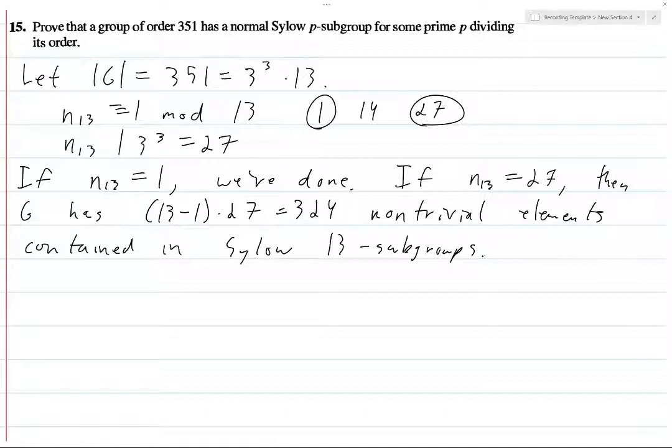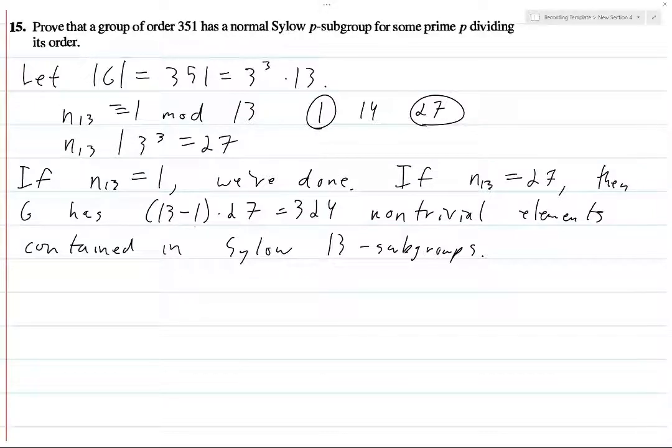If the intersection has order p, then the two groups you started with were the same. If it's 1, then that's the case we're talking about right here. So the 13 minus 1 here, those are the 12 additional elements: obviously each Sylow 13-subgroup will contain the identity, but then it will contain 12 additional elements which are unique to that particular Sylow 13-subgroup.